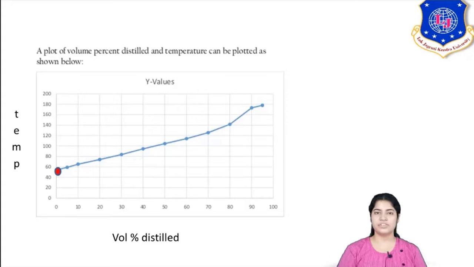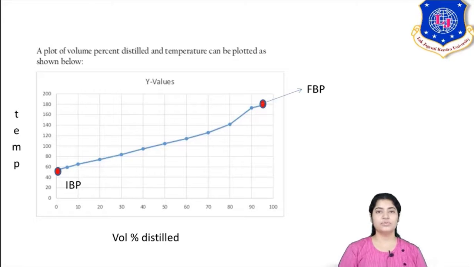We saw in the observation table also, at 0 ml, the first drop, we can take it as almost 0%. That temperature was your initial boiling point, when you get your first drop. Until when I have done my data, the last red dot is the final boiling point. So till the final boiling point, I am collecting the data and plotting it.